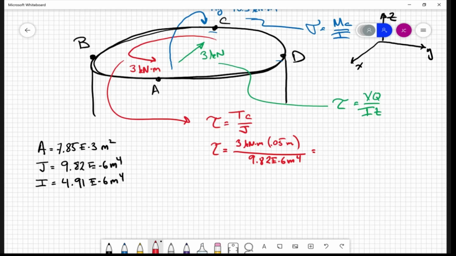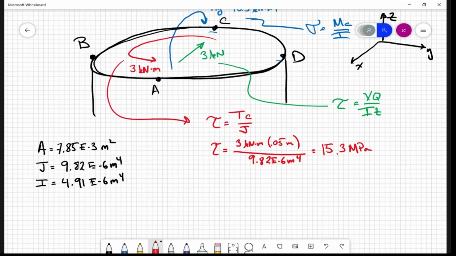And that gives me a shear stress of 15 megapascals. That's the value for the shear stress we get.